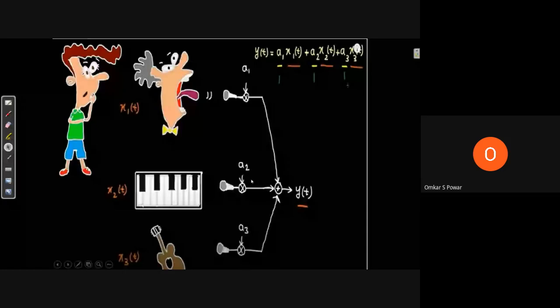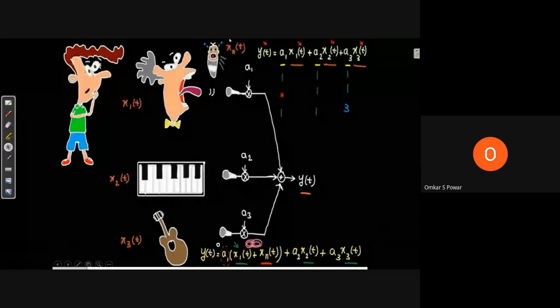Now let us consider the condition where there is a baby crying. We can take that baby's crying as noise, and that should be eliminated from our system. So what will be the output of our system? y of t is equal to A1 x1 of t plus xn of t, where xn is your baby's voice signal.